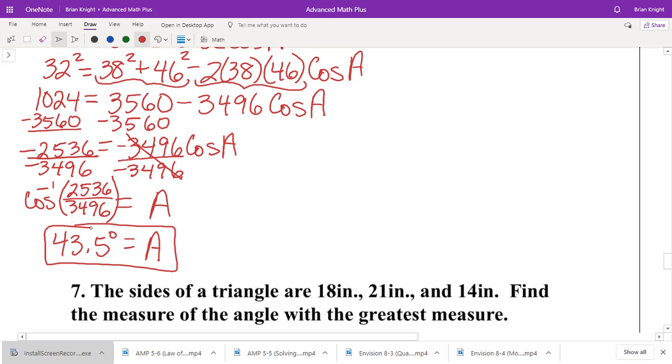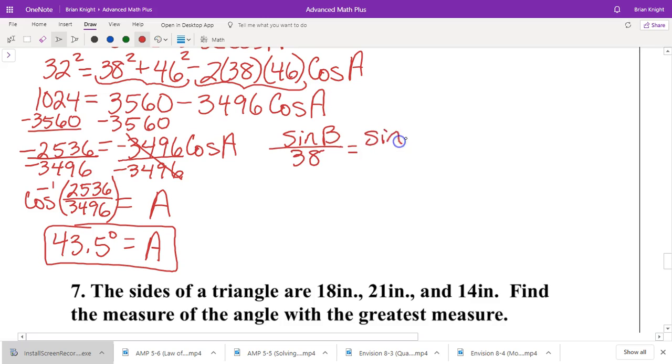Now, yesterday when we were doing law of sines, we always put it side over the sine of the angle. But for this problem, I'm looking for the angles, so I'm gonna flip that reciprocal. I'm gonna just find B next. So I'm gonna put the sine of B over B. What was B? 38.